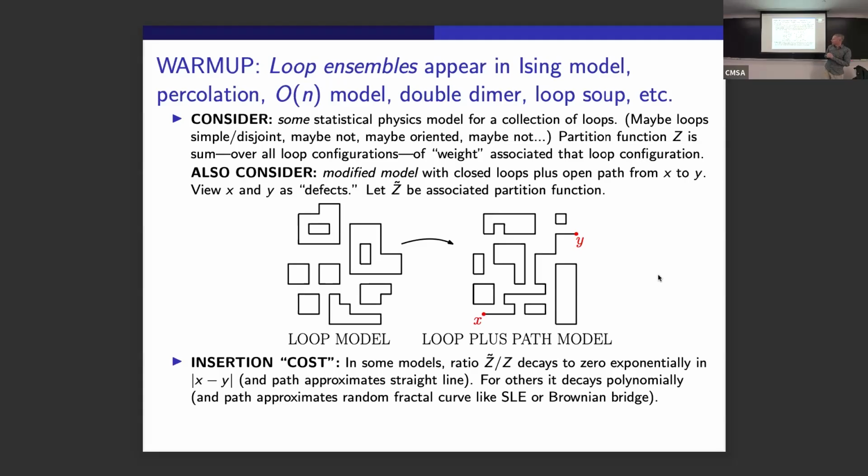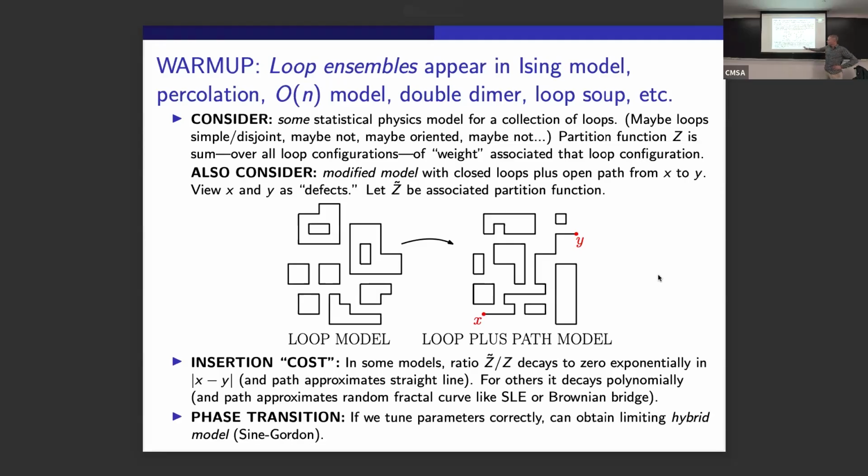In some models, the ratio of these 2 partition functions decays exponentially in the distance between x and y. In some models, it will decay polynomially in the distance between the 2. In the first case, maybe the path will approximate a straight line. In the second case, maybe it approximates an interesting fractal curve, like an SLE curve.